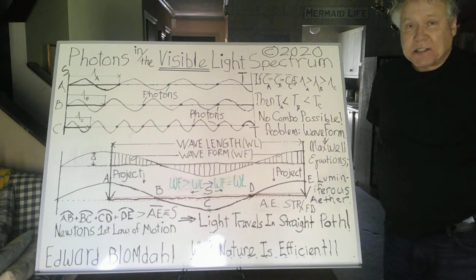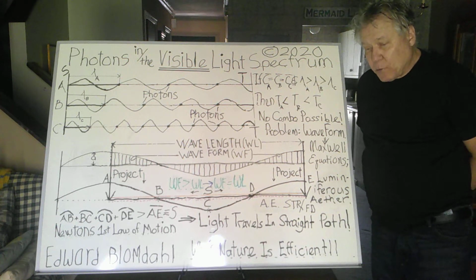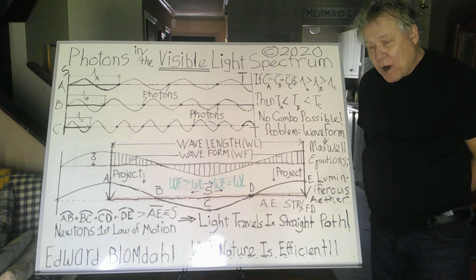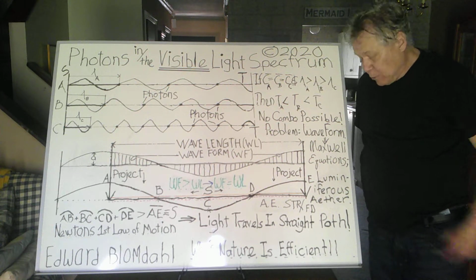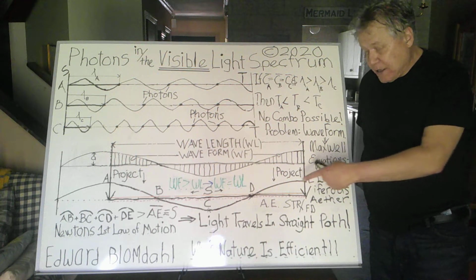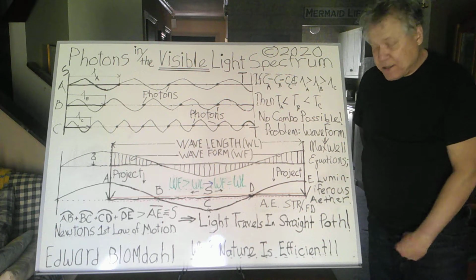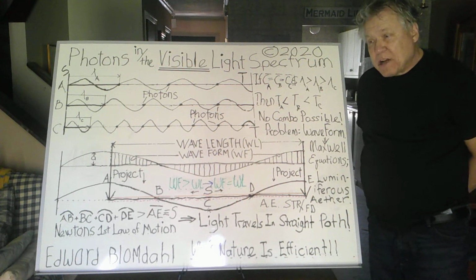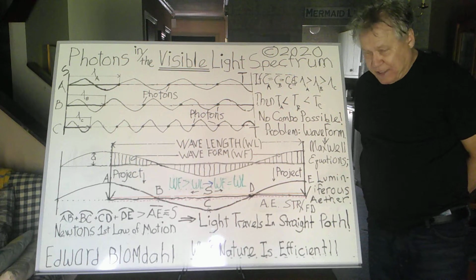Albert Einstein and special relativity, although I completely disagree with the whole theory as it is, at least he did one thing correct, and that was to get rid of the luminiferous ether. So I think Einstein was the first to break the idea that we had this in space. And I know they've come up with frame dragging, but I think basically with frame dragging, they basically have bupkis.